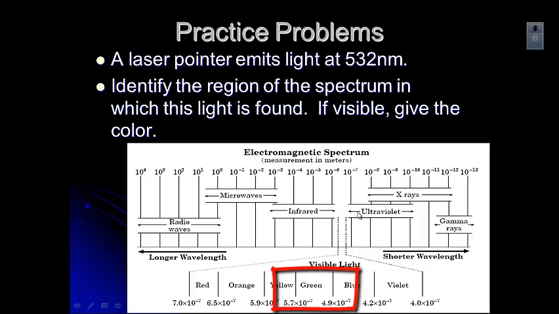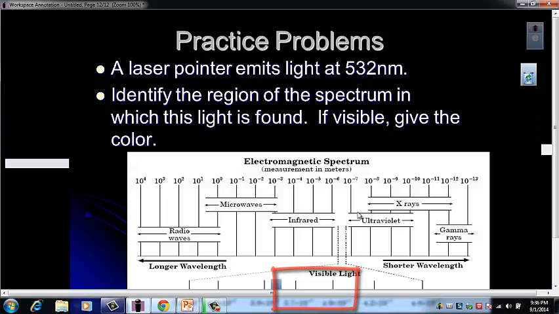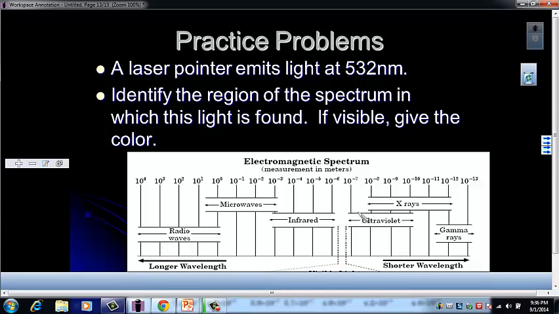So this would be visible light. And it would be green. And you would need to give me both of those answers to get full credit for a problem like this.